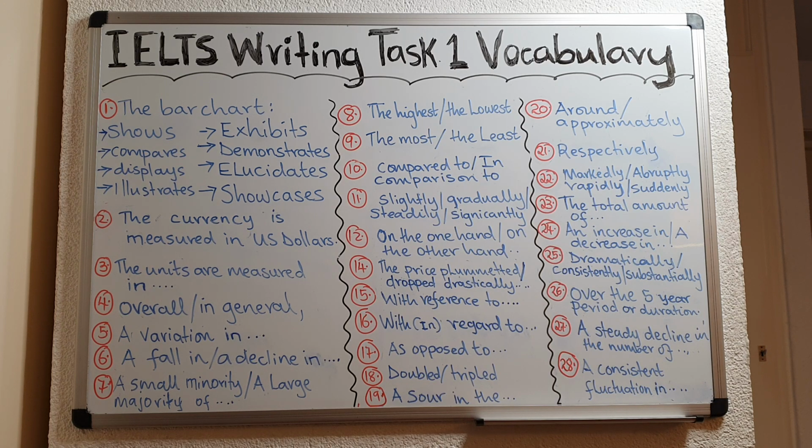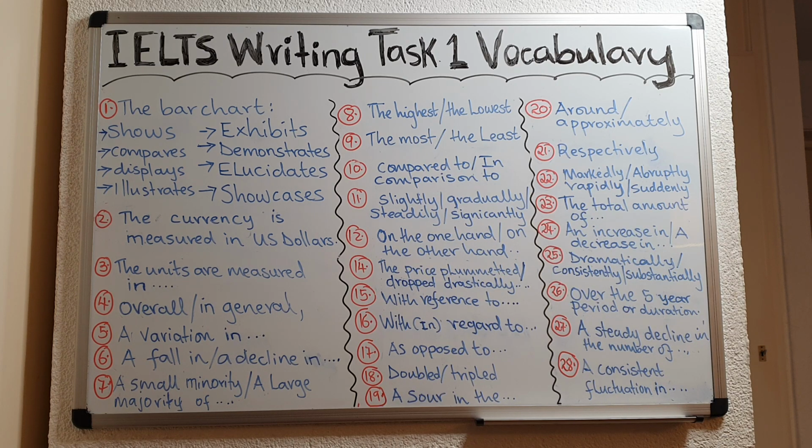Okay? So, for example, you can say the units are measured in billions. The units are measured in hundreds. The units are measured in thousands. The units are measured in tens. It just depends on the information that you have been given in the bar chart.